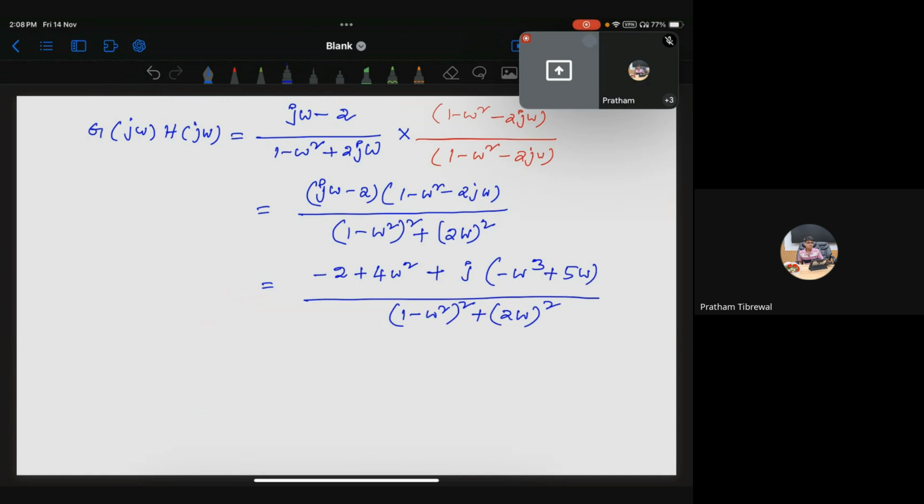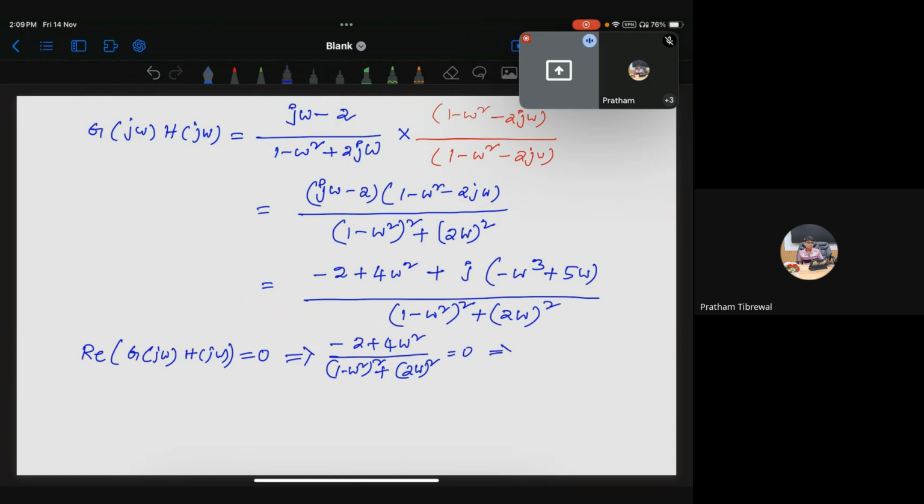Now in this, let us equate the real part of H(jω) to 0. What does it give? The real part is (−2 + 4ω²) divided by (1 − ω²)² + (2ω)².